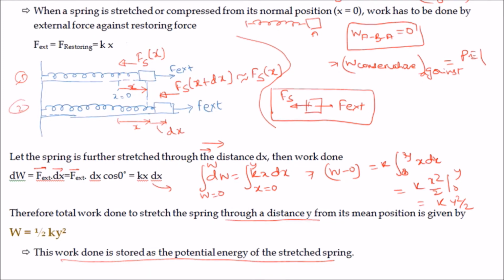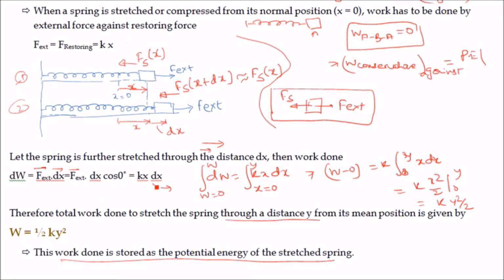In this way we get the formula of work done when the spring is stretched through a distance y. The work done when we compress the spring through a distance y from its mean position is also given by W equal to k y square by 2.